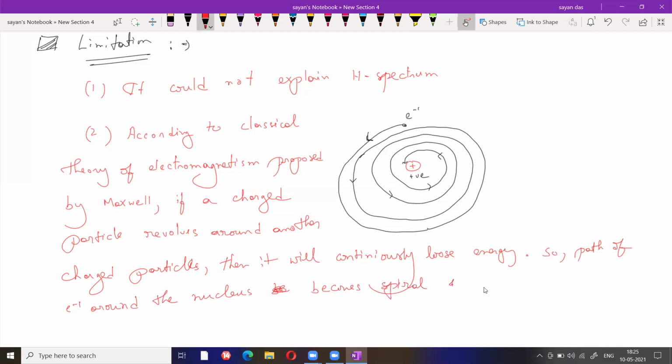And finally, the electron will fall into the nucleus. So the atom should be unstable.